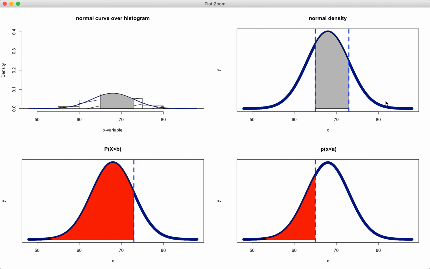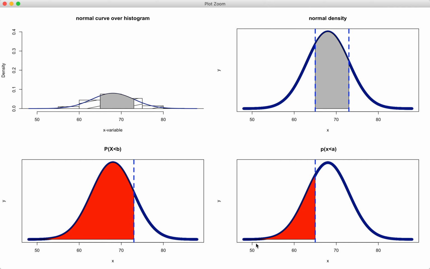Okay. Now, your tables and R calculate the cumulative probability. That is, they calculate everything less than a value. And the value that this represents is the probability that X is less than 73 inches. That's B. So I'm calculating all this red probability. And that's the command that R does, and that's what the table does.